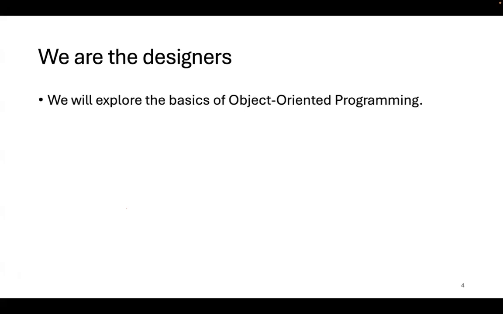And in this, it's really going to be the case that we're the designers. So as I do examples in front of the class, I'm making choices to say, this is what this object is going to look like. When you go and do your homework, you can make different choices. So we're going to look at the basics of object-oriented programming, but in the assignments, homework 3 especially is going to be, you go look for data and find data to make classes about.